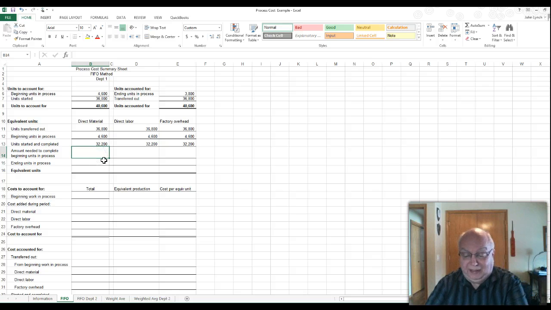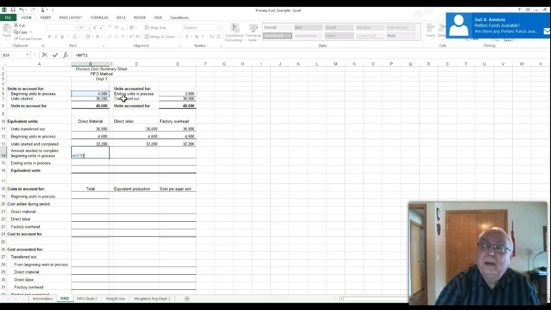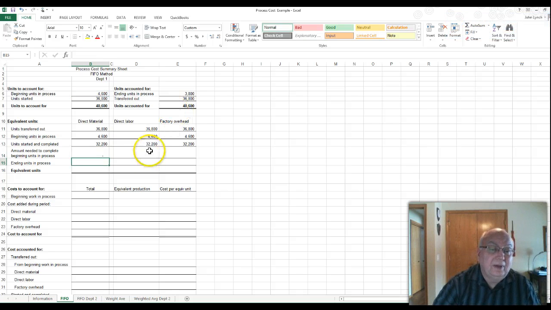Now here's the next big thing. This is the amount needed to complete what you started last month. So for the materials, you have 4,600 units that were started, and you want to take 1 minus 100% because they were 100% complete last month.